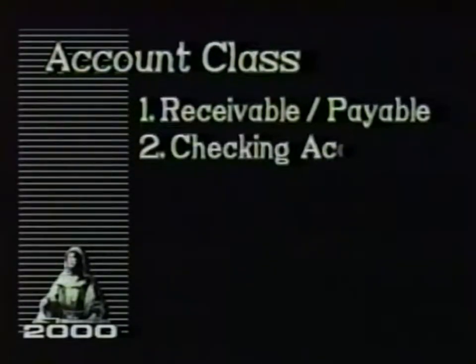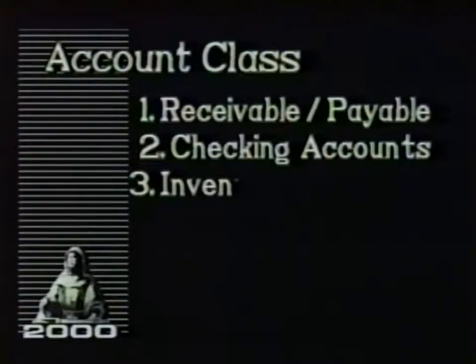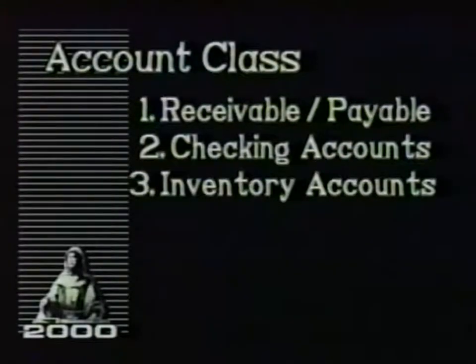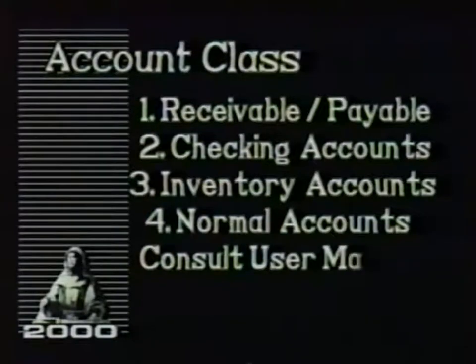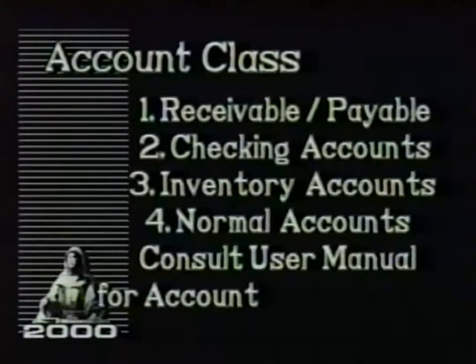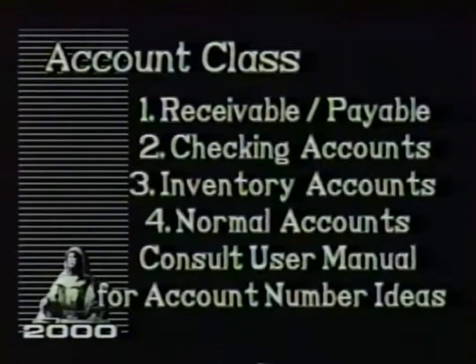Checking accounts are those accounts on which you write checks. Inventory accounts are those accounts that will have products as their children accounts. Any other account is a normal account. Be sure to check the Pacioli 2000 chart of accounts in the user manual for ideas on creating account numbers.